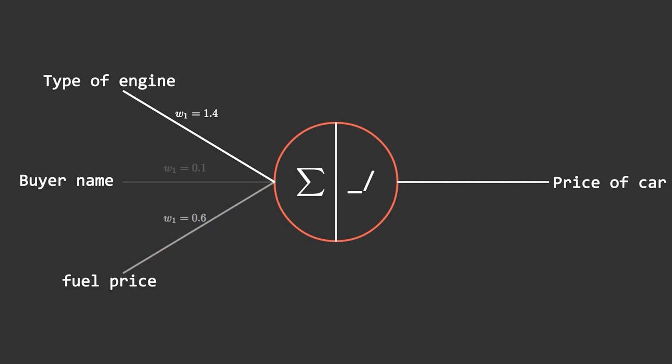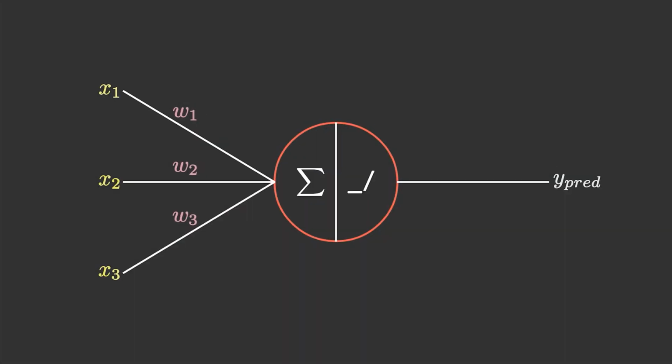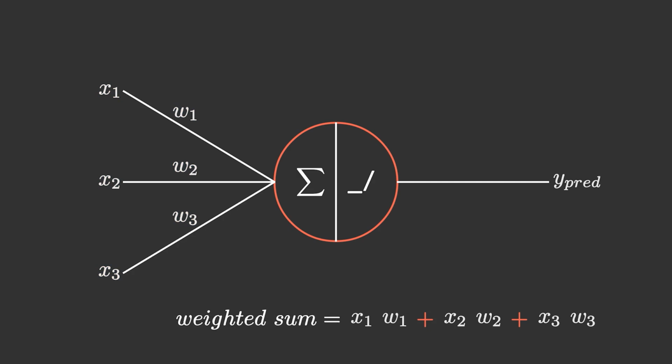Now we will talk about the summation operation. The summation operation takes every input value, multiplies it with its corresponding weight, and adds all of them, and the output we get after doing this is known as the weighted sum. Usually we deal with the inputs and weights in the form of matrices. The input matrix is the matrix we give for training, and every column in this matrix is a feature.